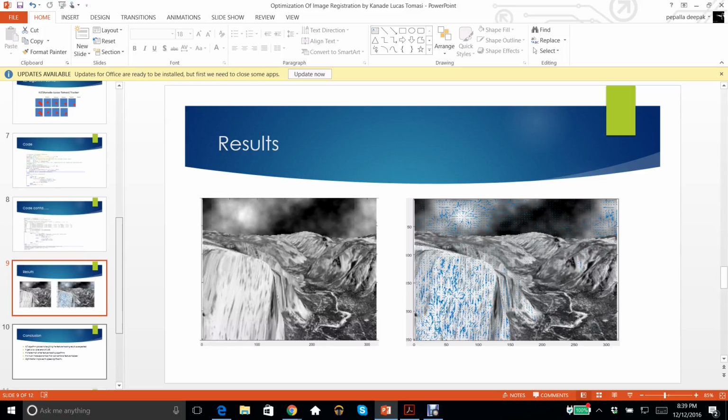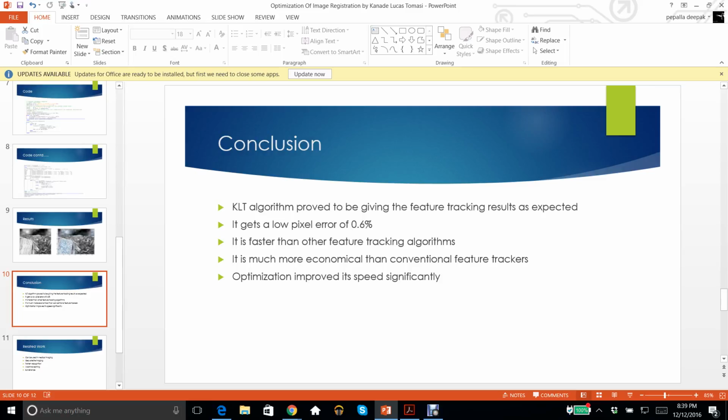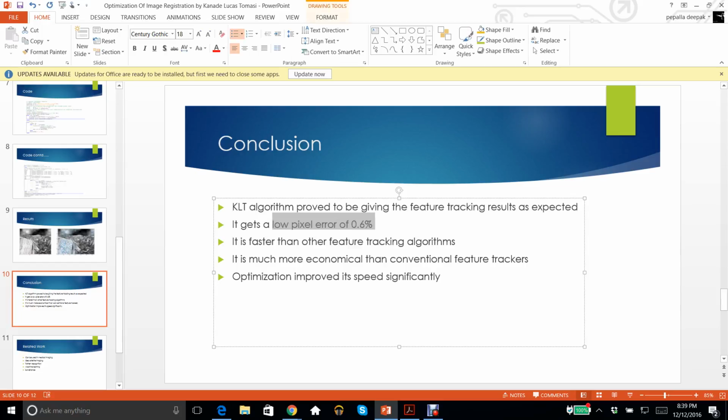And now let's move on to what my project really tried to prove here. The conclusion of my project is that the KLT algorithm proved to be giving the feature tracking results just as expected, and it gets a very low pixel error, which is a major discovery, because 0.6% doesn't make a lot of difference if you're trying to find out what a tumor actually grew, or in a limited time, because 0.6% doesn't really matter if you're not dealing with microscopic objects.